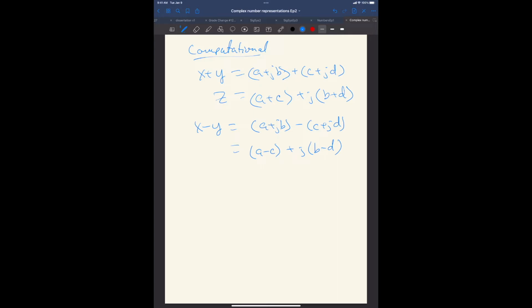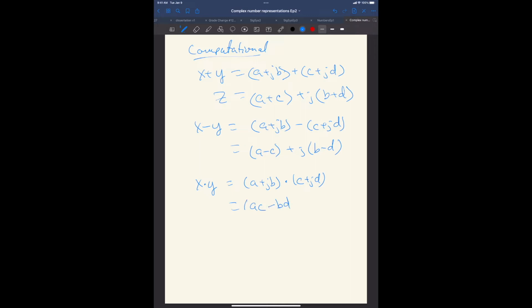Okay, if I want to multiply two complex numbers, then this form is possible. In fact, this is what you would code, and x times y would be equal to a plus jb times c plus jd, which would be ac, and then j times j is minus 1, b times d.